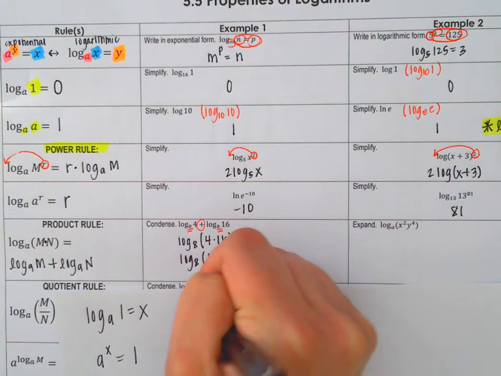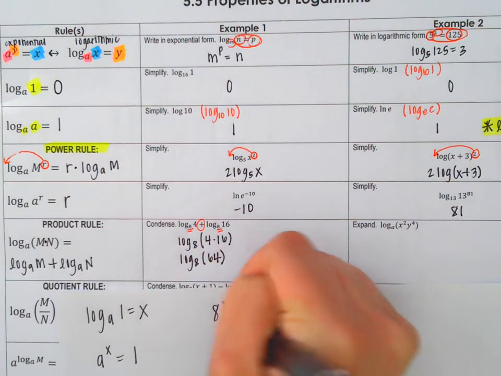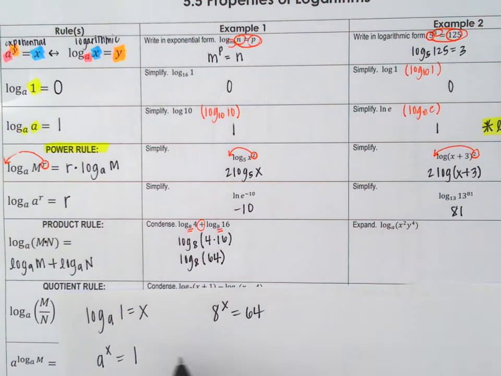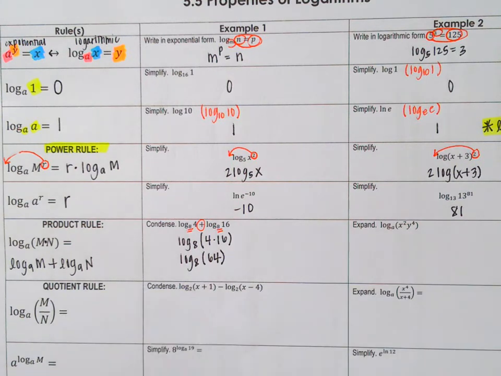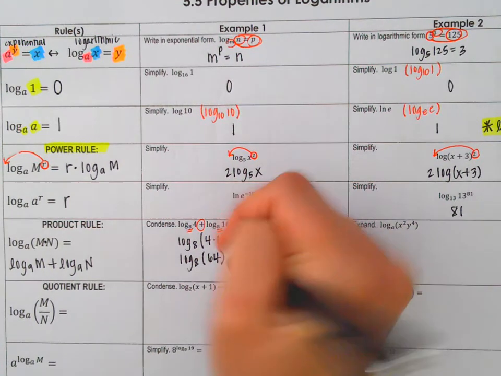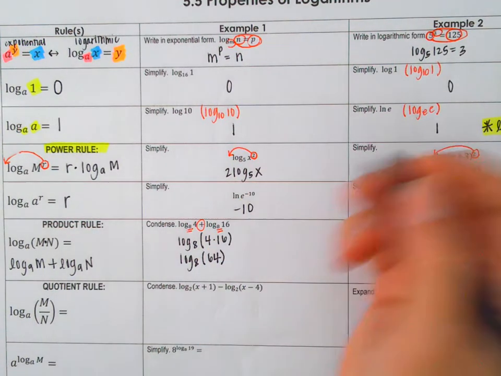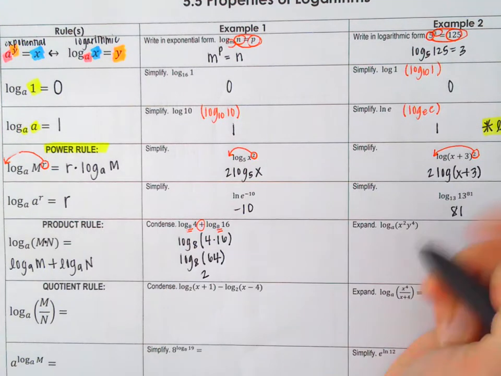This would be 8 to the what power equals 64. You can always rewrite it. And that's 2. 8 to the second power gets me 64. So log base 8 of 64 is going to simplify to be 2.